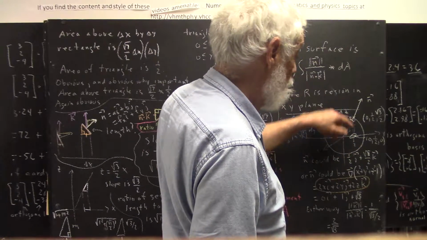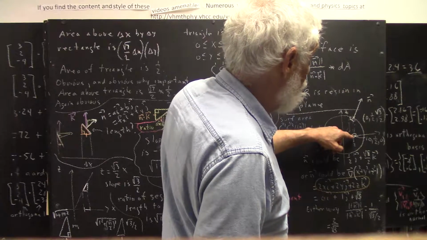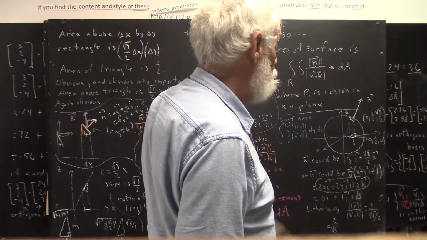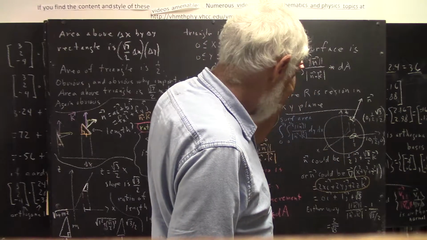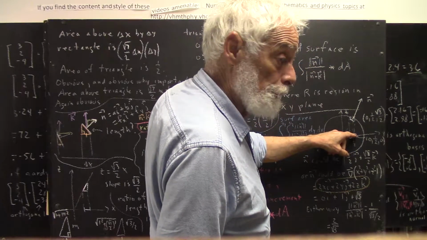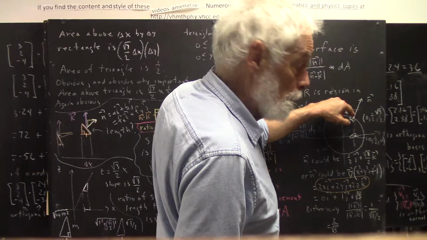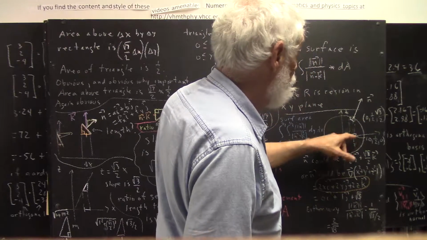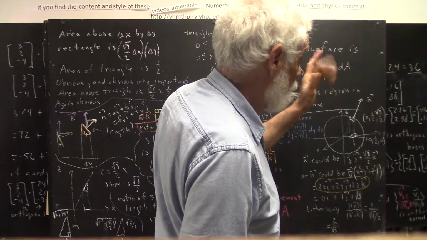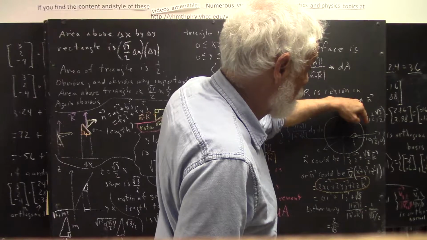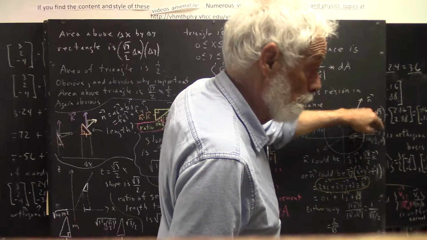So that at any point within this tiny rectangle, the corresponding point on the sphere will make an angle approximately equal to the angle of the normal vector at the point 0, 1/2, square root of 3 over 2.